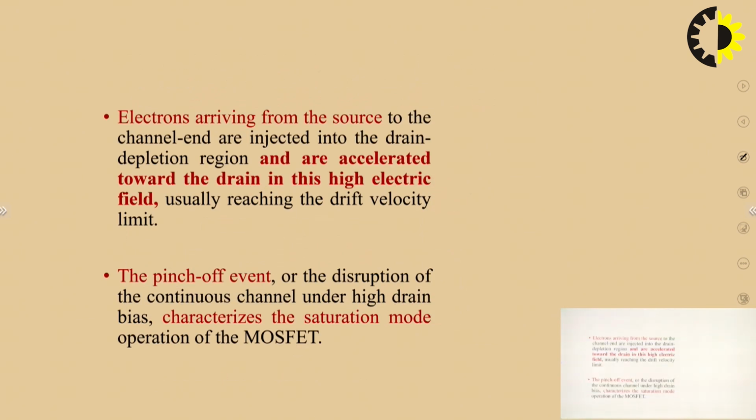Now, in this case, when the channel width is reducing and the depletion region is growing, the current that flows from source to drain is because of the development of a high electric field.